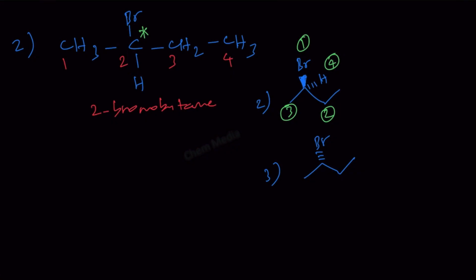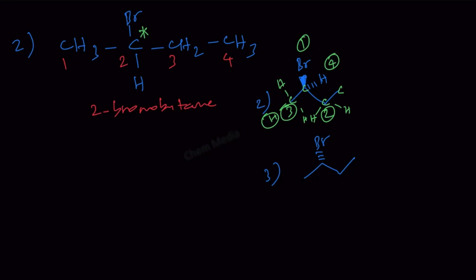Why we are choosing ethyl group as second priority is because this is connected to 2 hydrogens and then carbon here once again. But here the point of difference is that this is connected to a carbon, but the methyl group is like 3 hydrogens. That is not the case for the ethyl group and therefore, we have to give second preference to the ethyl group and not the methyl group.